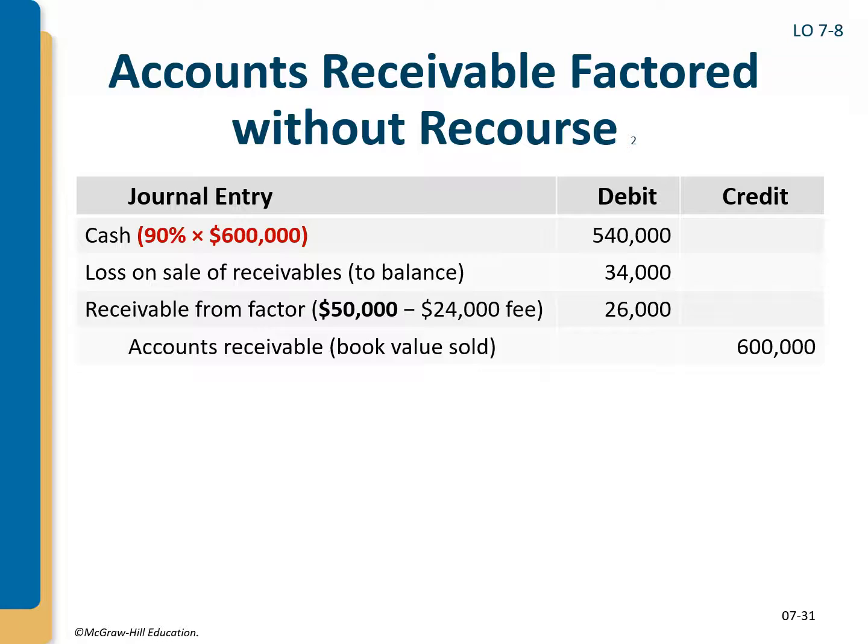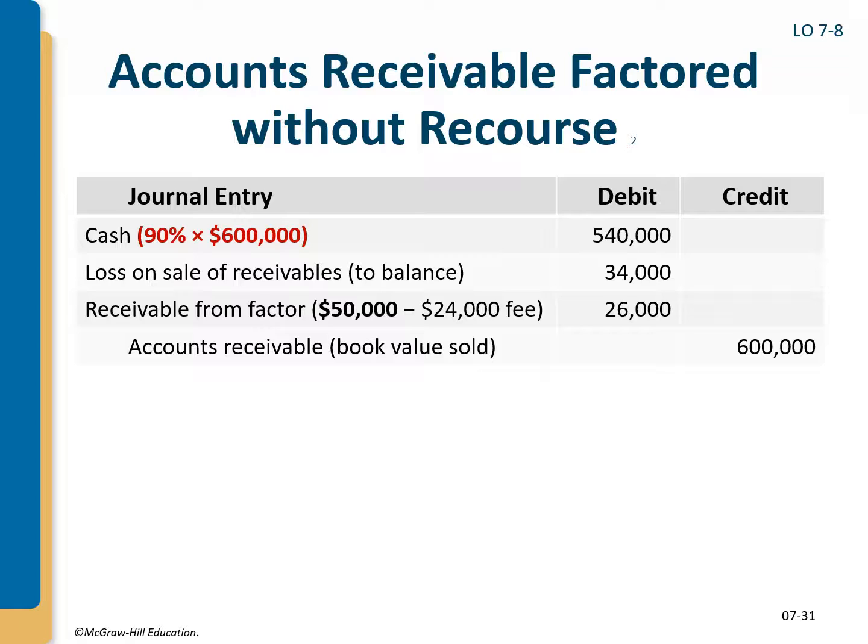So if nobody returns anything that relates to these $600,000 in accounts receivable, once the factor collects all $600,000, they're going to return $26,000 to Santa Teresa. So they still have a vested interest in some of that money. It's just that they have to wait till all the money is collected. Now, that doesn't mean if a bad debt occurs that the factor could come after them.